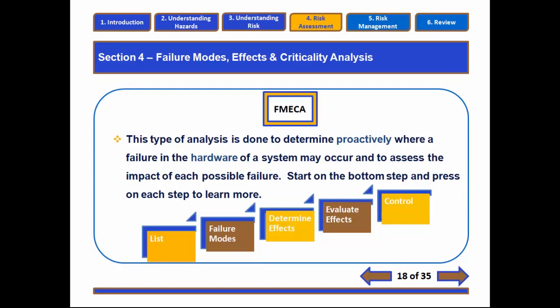So this is a very proactive approach to risk assessment. It's what can go wrong. It's asking you to come up with what can go wrong and what can happen as a result of that, as opposed to the more backwards-looking checklist approach, where you're trying to do that, but it's very much informed by what has happened in the past.